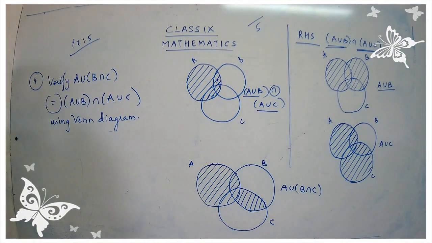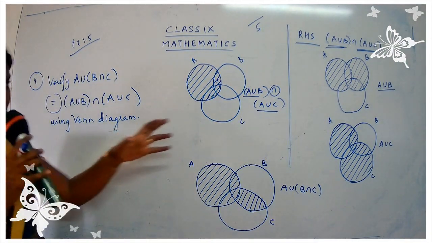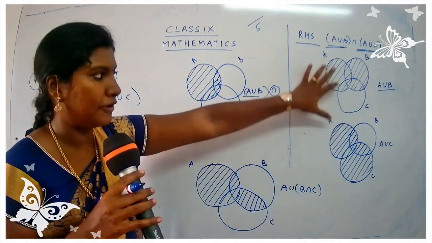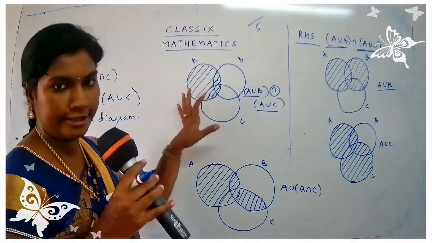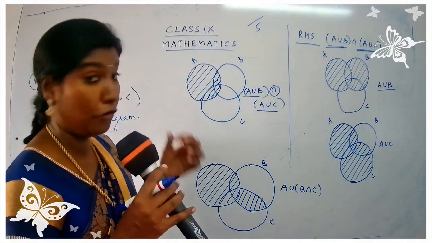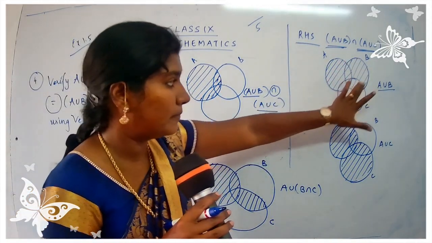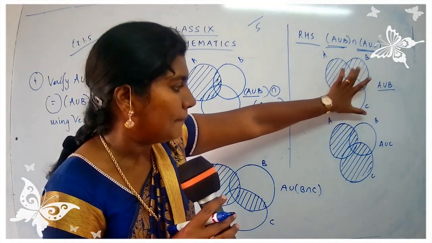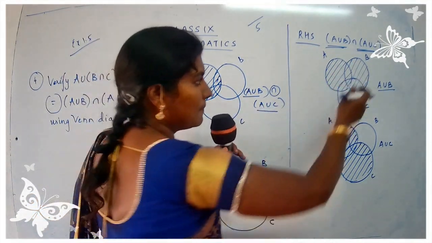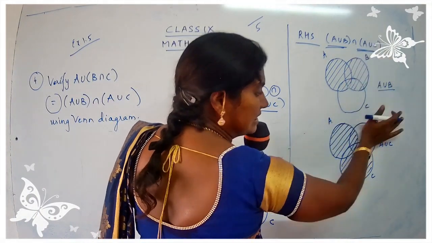I have seen set A, and from set A both are shaded commonly, so I have shaded A here. Now let me check for B. When I see the B part, the upper part is not shaded. This part is shaded here, but here it's not shaded.